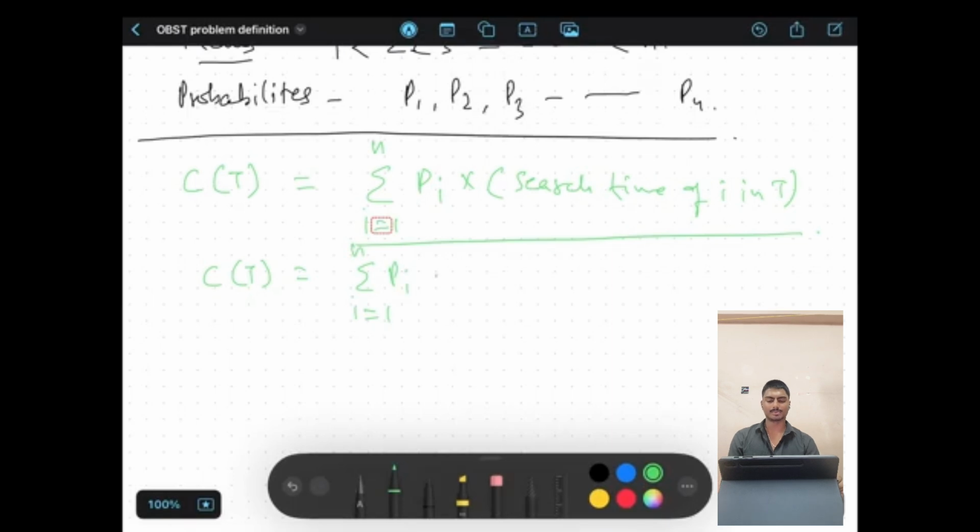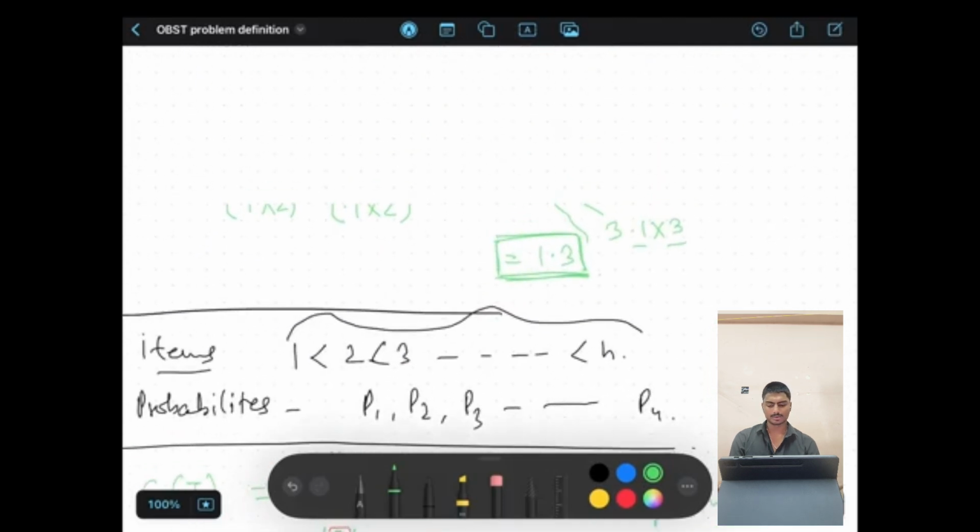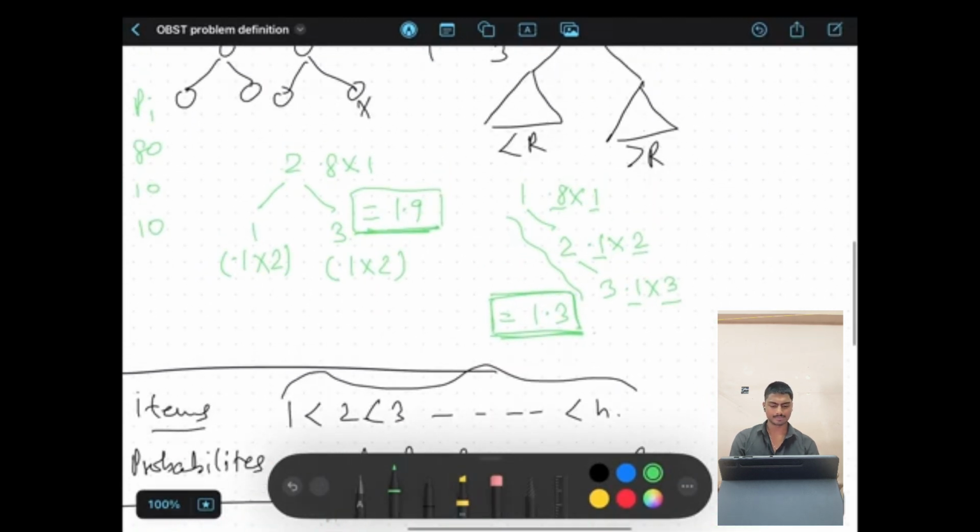If we look above, the depth is 0, the depth is 1, the depth is 2. So depth plus 1 is the total search time. So then we convert it into a depth.